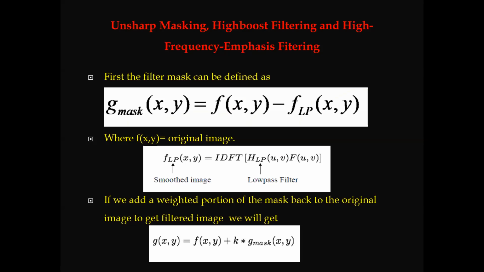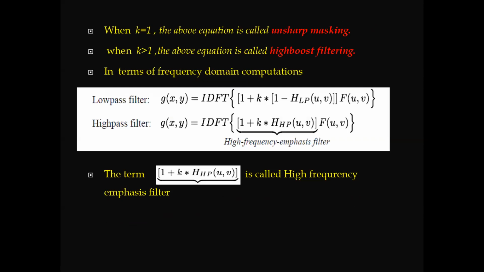If we add a weighted portion of the mask back to the original image, we get g(x,y) equal to f(x,y) plus k into g mask(x,y).